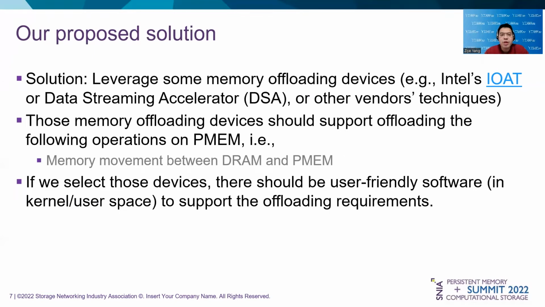And those memory offloading devices should support offloading the following operations on persistent memory. For example, the memory movement between DRAM and persistent memory. And if we select those devices, there should be user-friendly software in both kernel or user space to support the offloading requirements.